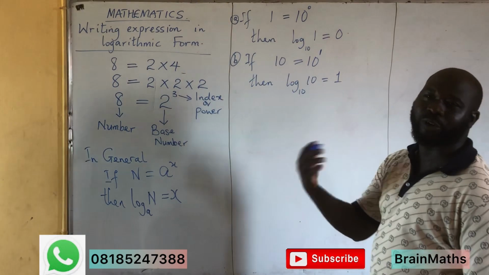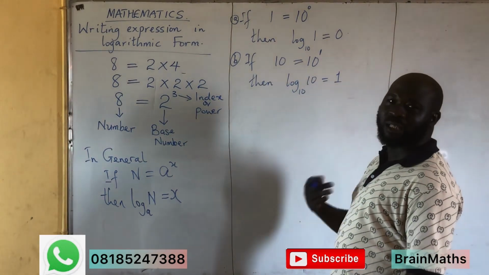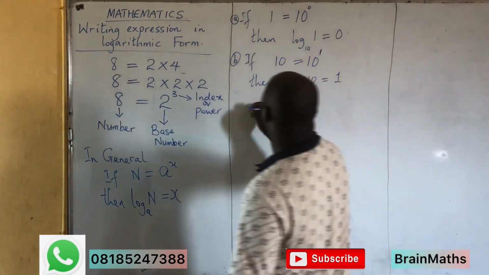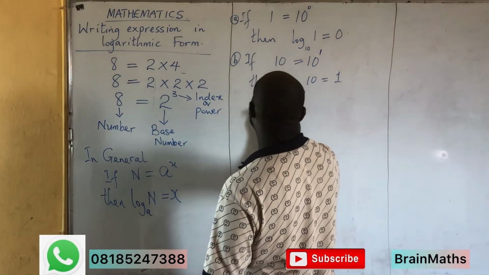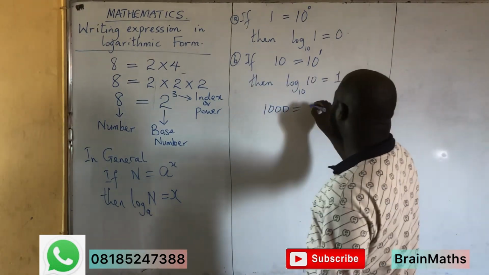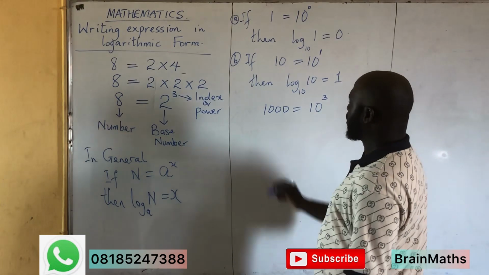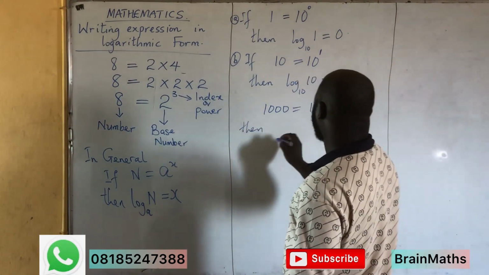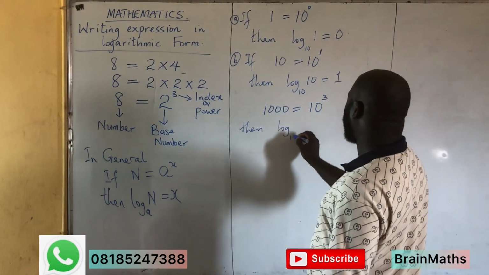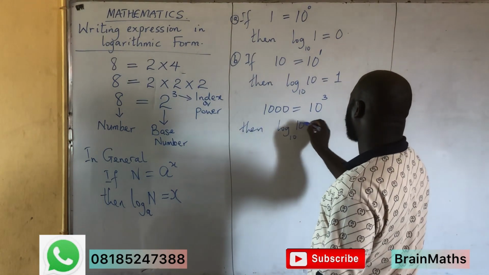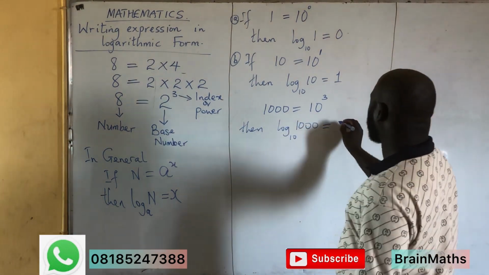So this can be rewritten for as many numbers as possible. If you are given 1000 equals 10 raised to power 3, then logarithm in base 10 of 1000 equals 3.